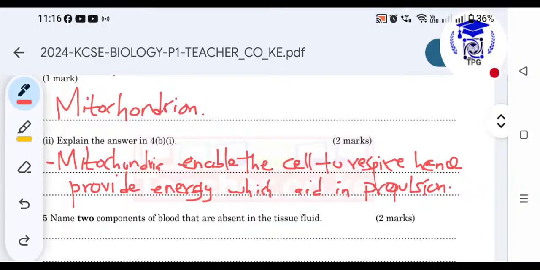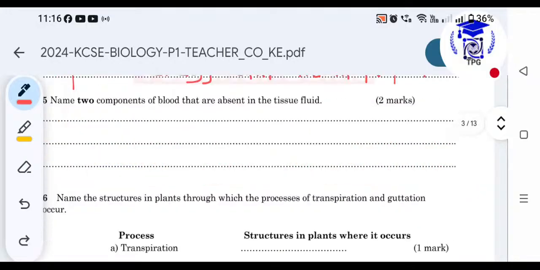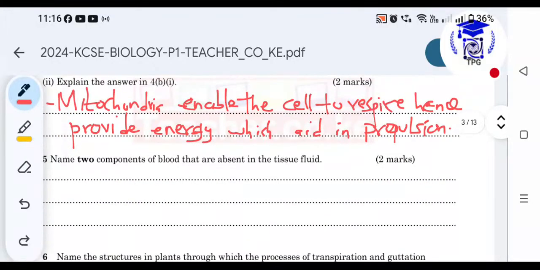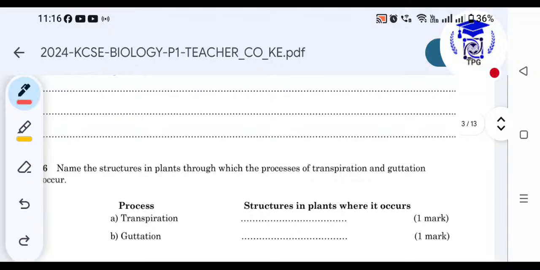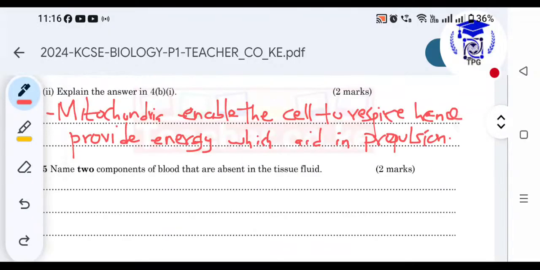Number 5. Name 2 components of blood that are absent in tissue fluid. Number 1, we have the red blood cells, also called erythrocytes.